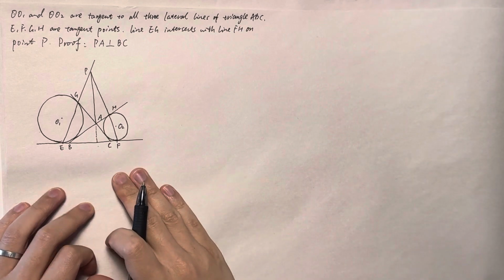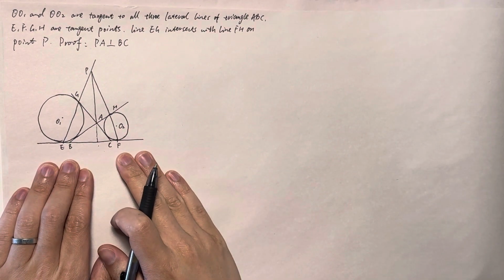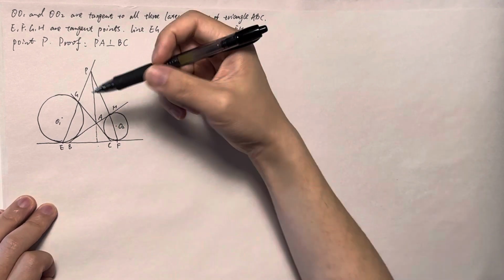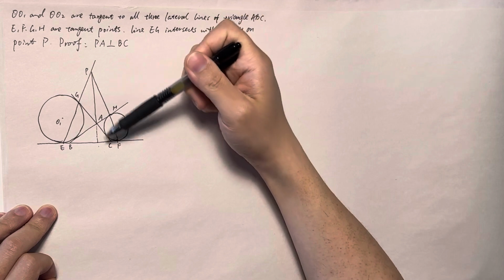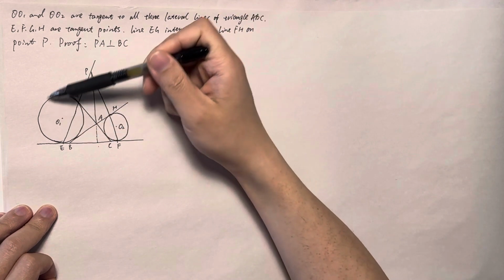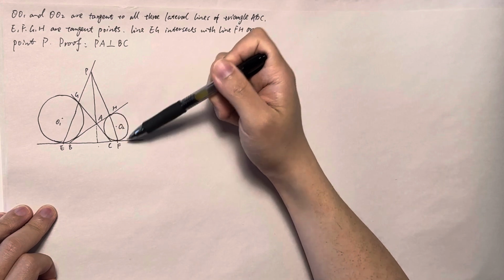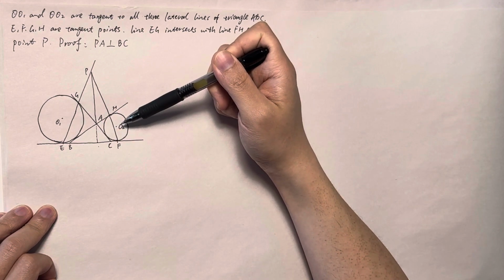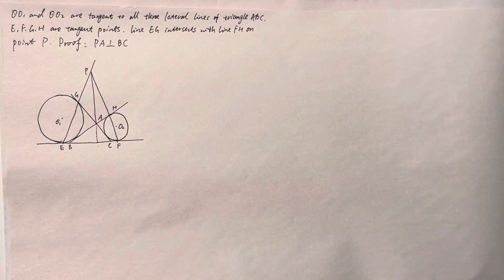So for this problem, if we look at the figure, we can sense that there's some similarity between the left side and the right side. On the left side, it's a circle, and on the right side, it's another circle. So we can think about how we draw this figure first.